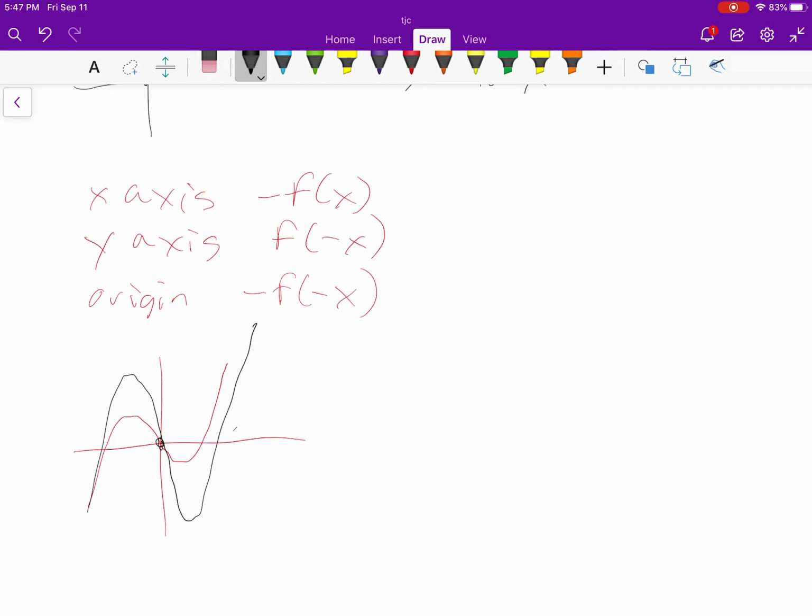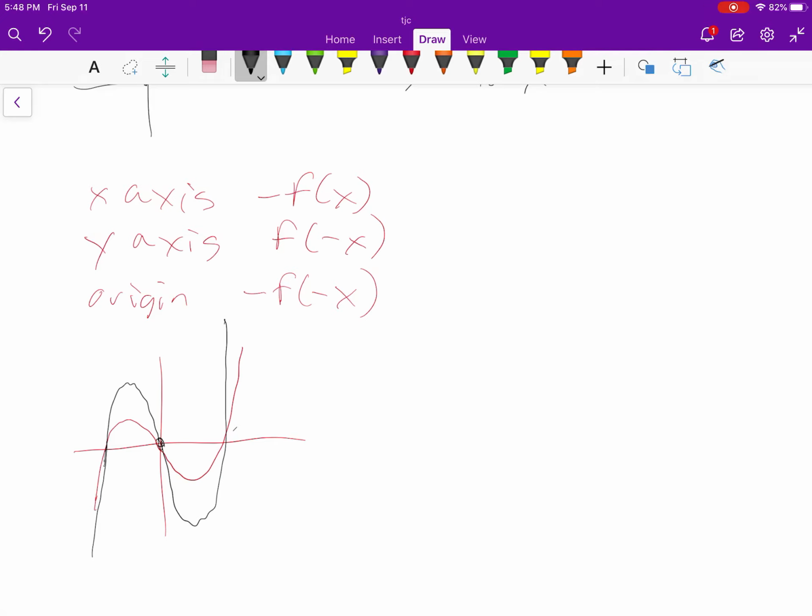So it's still passing through the same points here. And here, let me redraw this. So it looks like this. Now it looks like that. Okay? So we want to stretch it out that way.